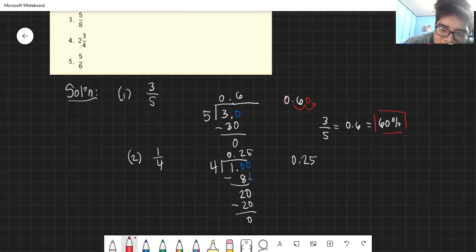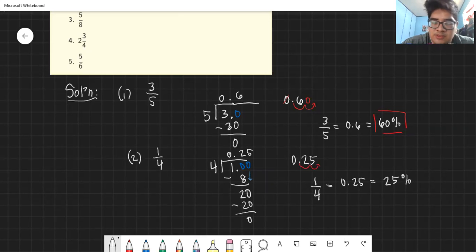Then move the decimal point 2 places to the right. So mangyari, 1/4 is just equal to 0.25 or 25%. So that's pretty much it. Alam naman natin, di ba? Pag 1/4 of a number is just 25%. Okay? Ayan, let's proceed by number 3.